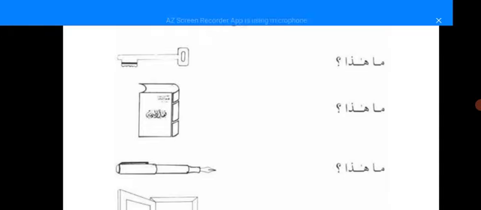We also mentioned that when you want to ask a question about something or somebody you are pointing to, you employ either of two words, ma or man. Ma means what, while man means who. If the thing you are asking about using this demonstrative pronoun is a human being, a jinn, or an angel, that is a sensible being, then you use man.